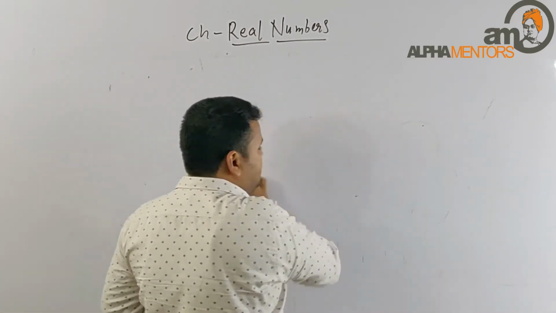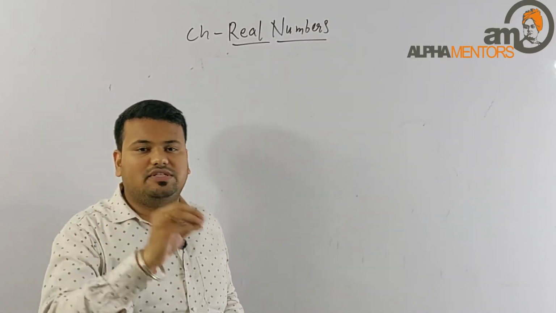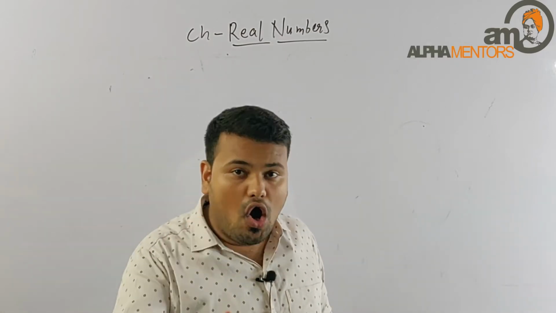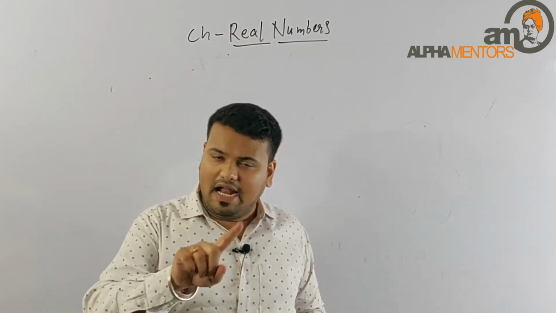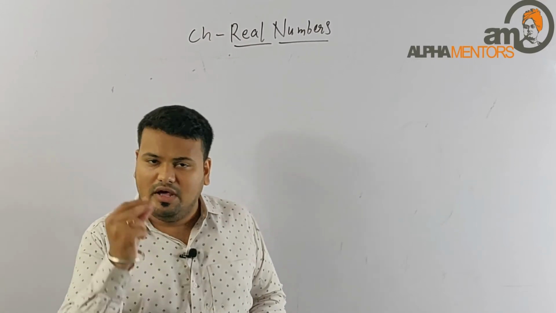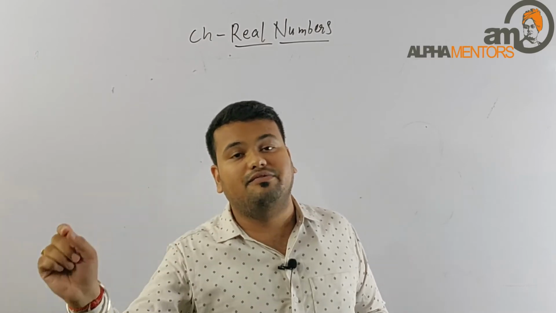Now let us start with the questions. First we will check whether the given rational number has a terminating or non-terminating repeating decimal expansion, and after that, for those which have terminating decimal expansion, we will also find the expansion without performing the division.